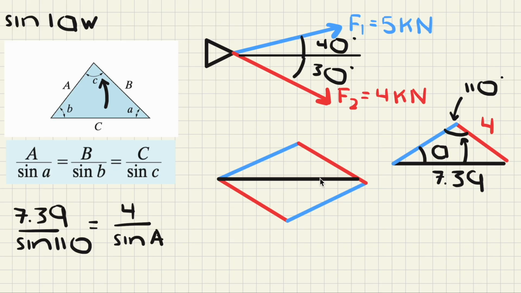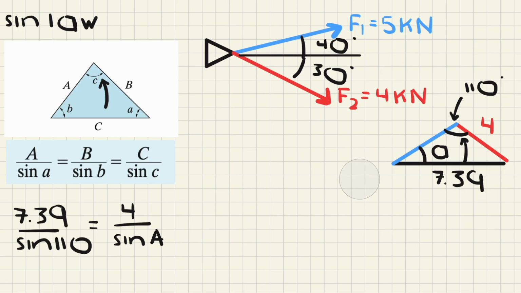So I'm just going to do a little bit of algebra to solve this. So first things first, we need to multiply 4 times sine of 110. We're going to multiply these two together. So 4 times sine of 110 is going to be 3.75.